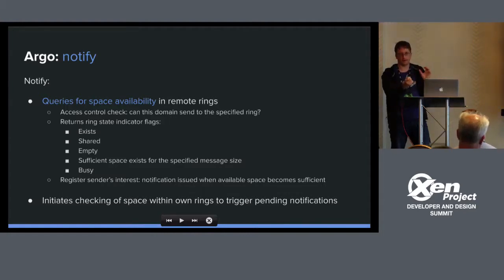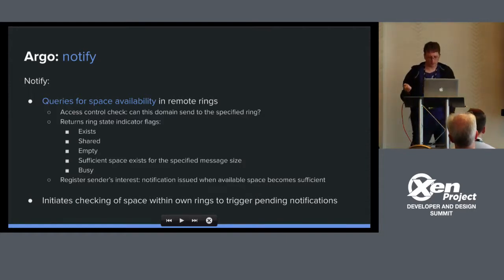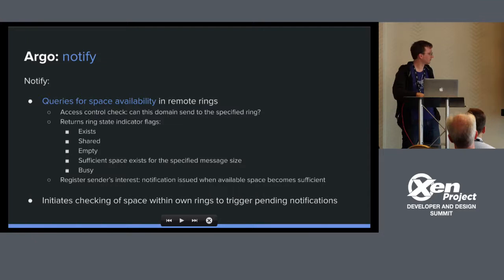You're only allowed to query rings that you would actually be allowed to send to, and you'll get back a state indicator, saying either you've requested too much space, the ring's not that big, or yes, it's going to be fine, or there's too many people talking to this ring right now, you should come back when things are quieter. And again, the hypervisor will register interest. If you've said I want to send a large amount of data, and it's not available, you'll get a nudge later on when there is space available.